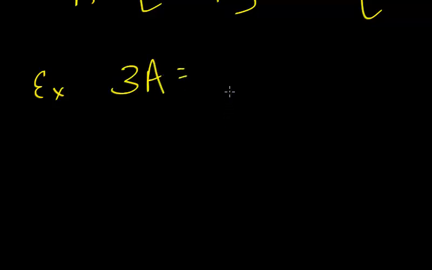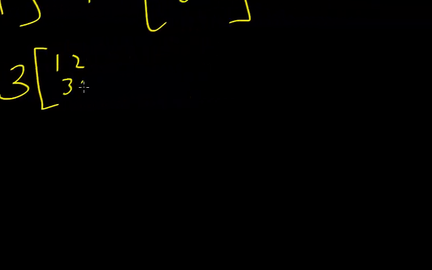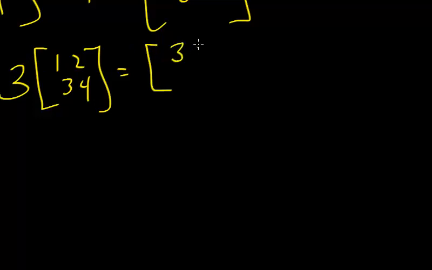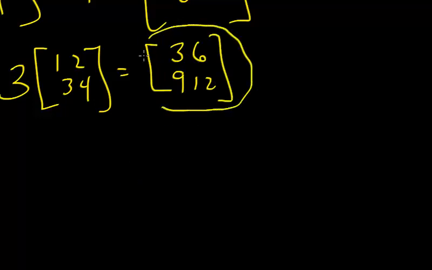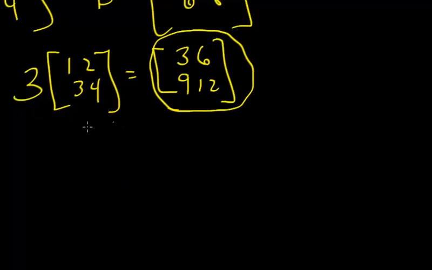And I want to know what 3A equals. Well, you might be thinking, can I just take 3 times each of the entries in that matrix? And you would be correct. That's exactly what you do. So if you ever have to do like 3A or 3 times a matrix, it's just going to be 3, 6, 9, 12. Final answer right there. That's how you would do something like that.